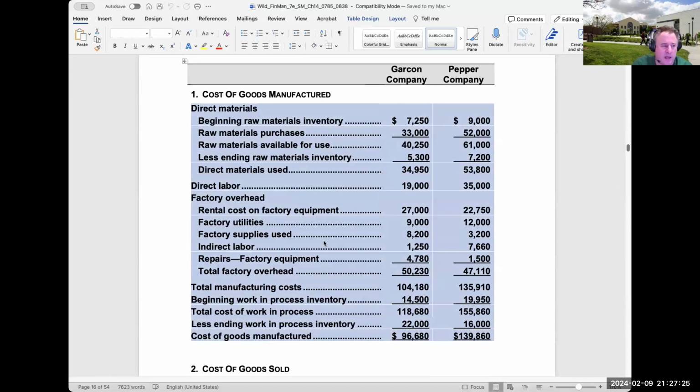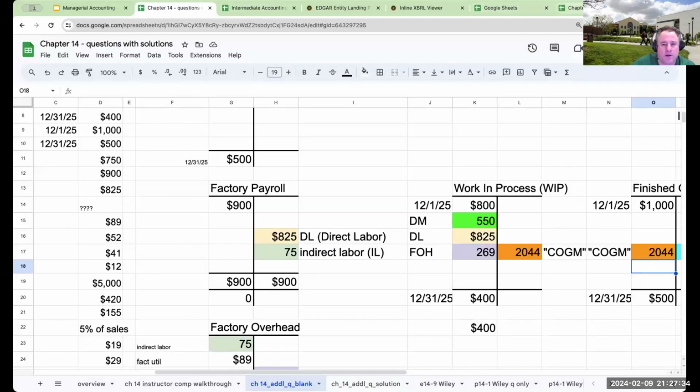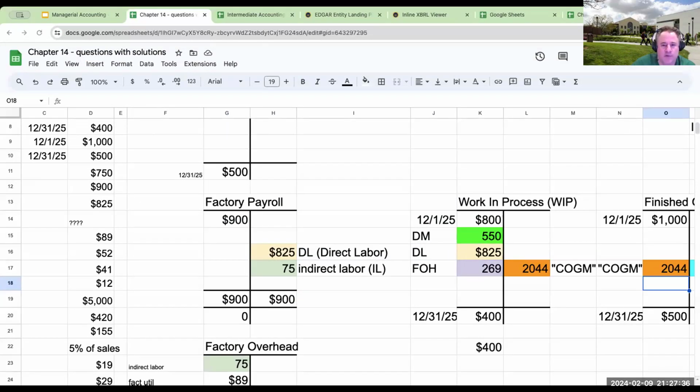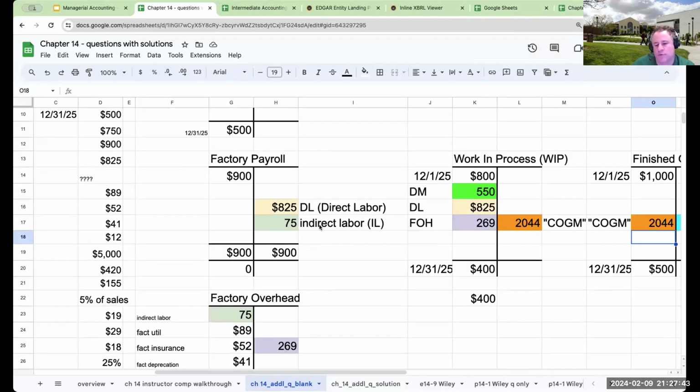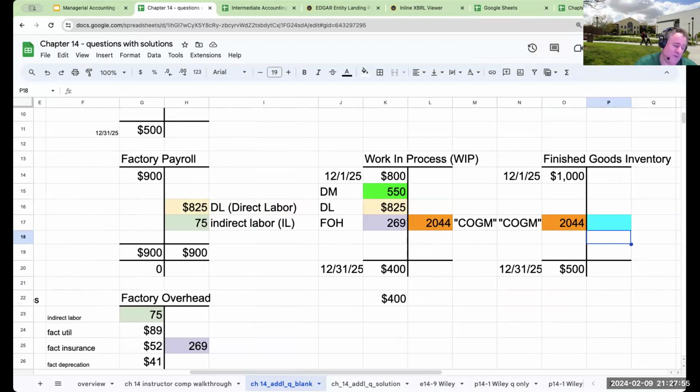And I'm getting to be older, so I don't like to memorize this kind of stuff, right? I want to use T accounts because it's going to get me the same result, right? And it's much easier to visualize. If you're at a job and they say, well, prepare a cost of goods manufactured statement, you can prepare it there. But I've never been asked to prepare one. So there you go. Okay.